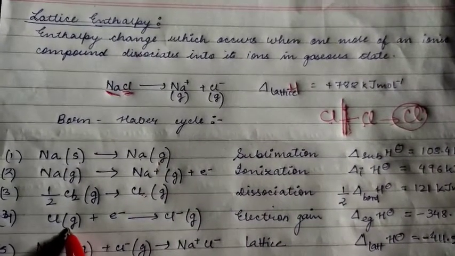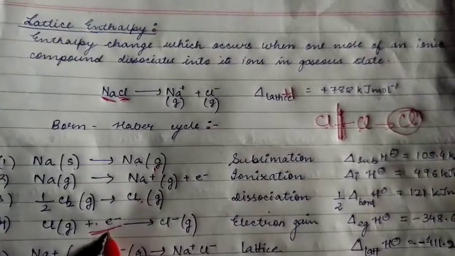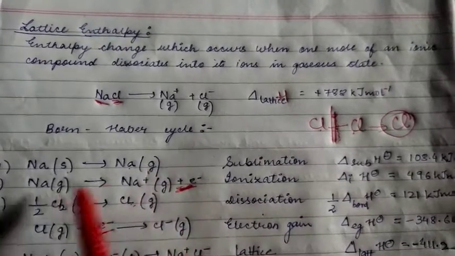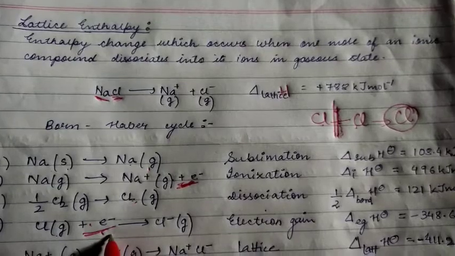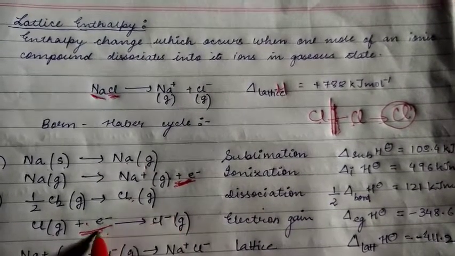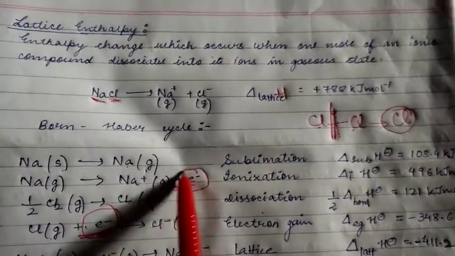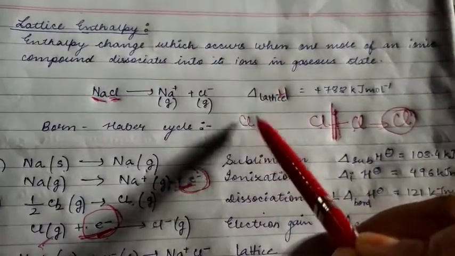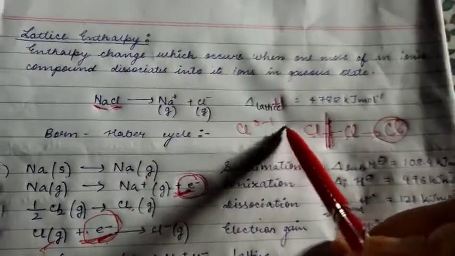Now the Cl gas, that is your chlorine gas, will accept an electron. From where has this electron come? This is the electron that sodium has released. Sodium is releasing the electron and chlorine is accepting the electron here. So you will get Cl negative, because the electron is a negative entity. Cl is neutral, its charge is 0, and when you add an electron you get Cl -1.